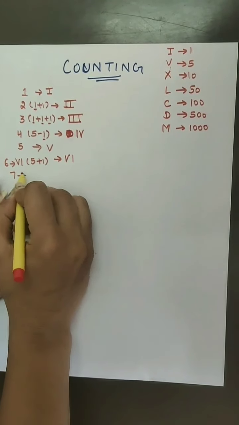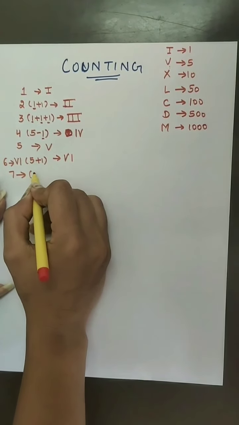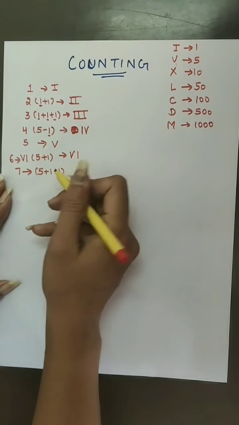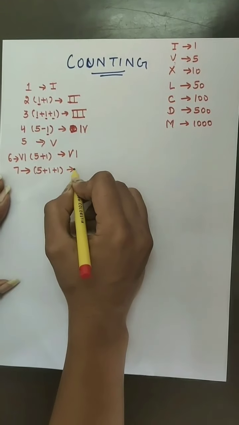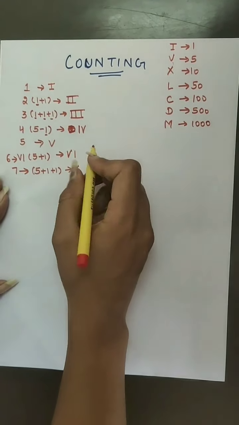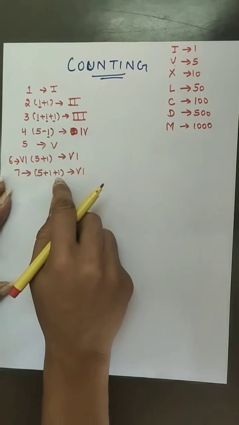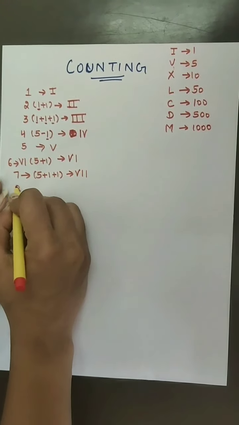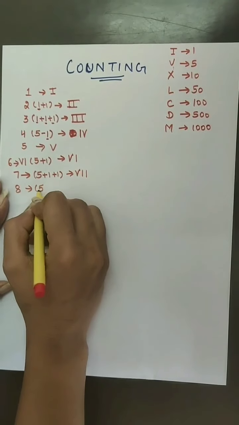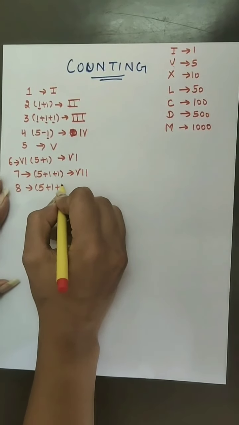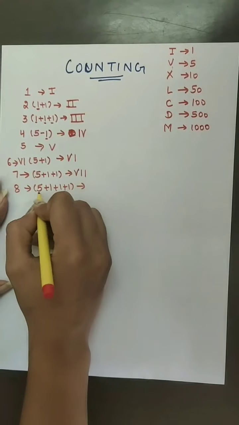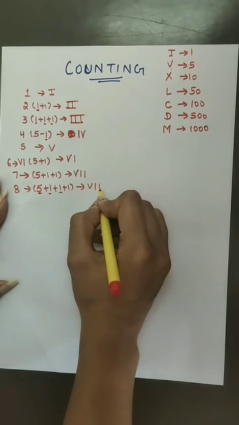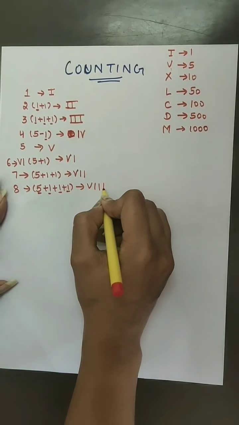Next for 7, 7 equals 5 plus 1 plus 1: the symbol for 5, then I, and another I. Next is 8. How can we write 8? 5 plus 3 times 1. Means V for 5, I for this, I for this, and another I.